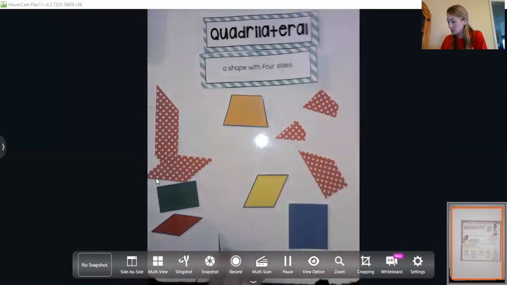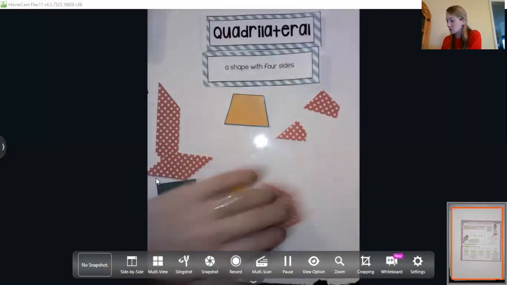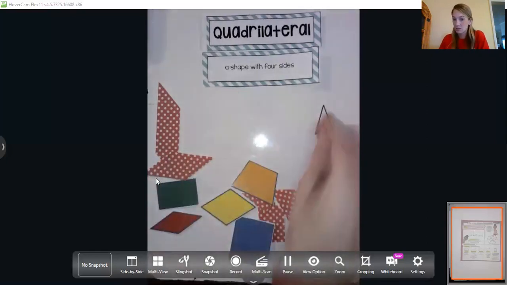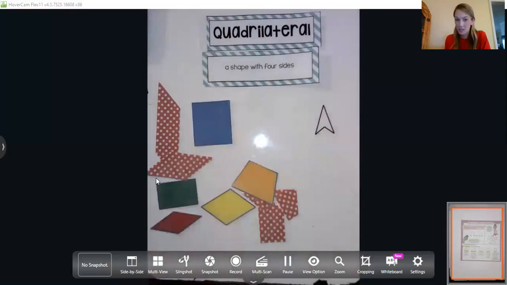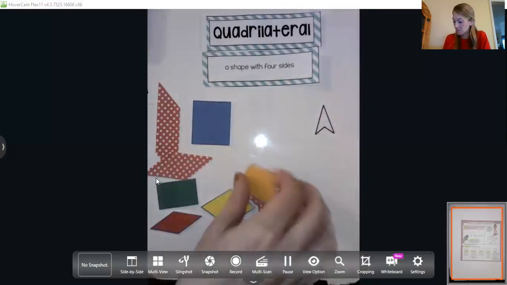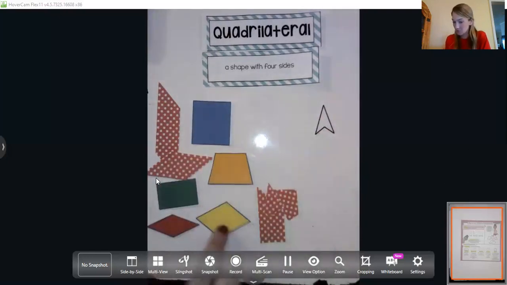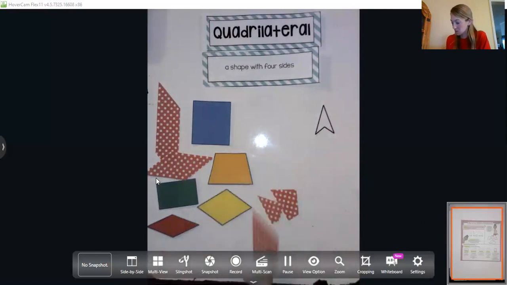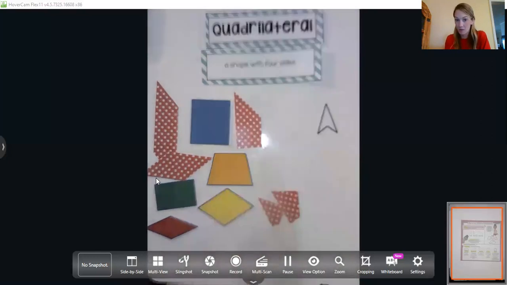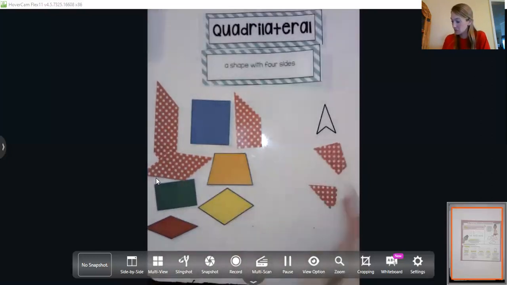So this one is not special. It does not have a name, it's just a quadrilateral. That is special, it has a name. This one is special, this one is special. This one is special, you can see that. And these two are just 4-sided shapes that do not have a special name for them, okay?